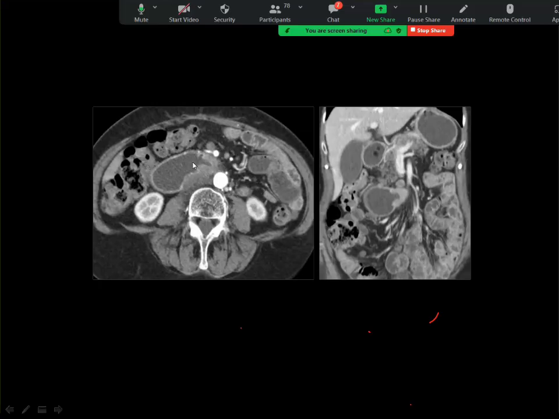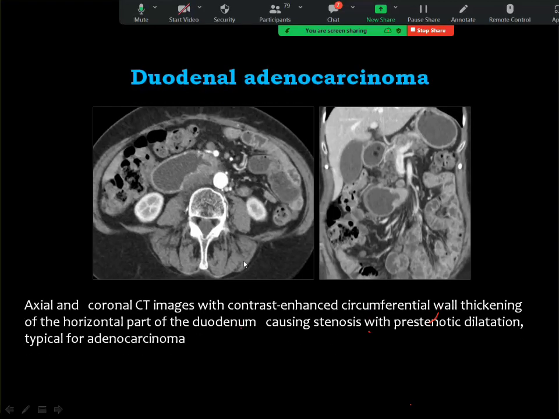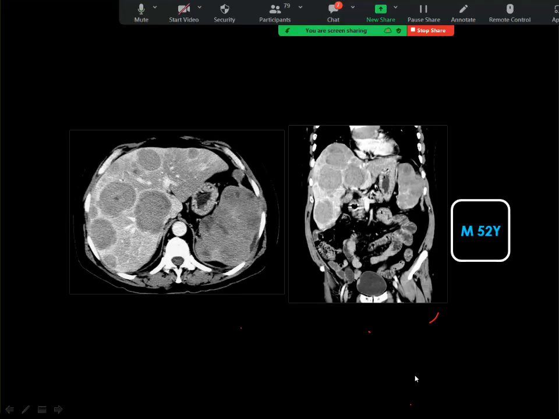And of course, this is a malignant lesion. In the proximal part of the small bowel, you favor the diagnosis of adenocarcinoma. In the distal part of the small bowel, the ileum and so on, you favor the diagnosis of lymphoma. And this was a duodenal adenocarcinoma. Next case.